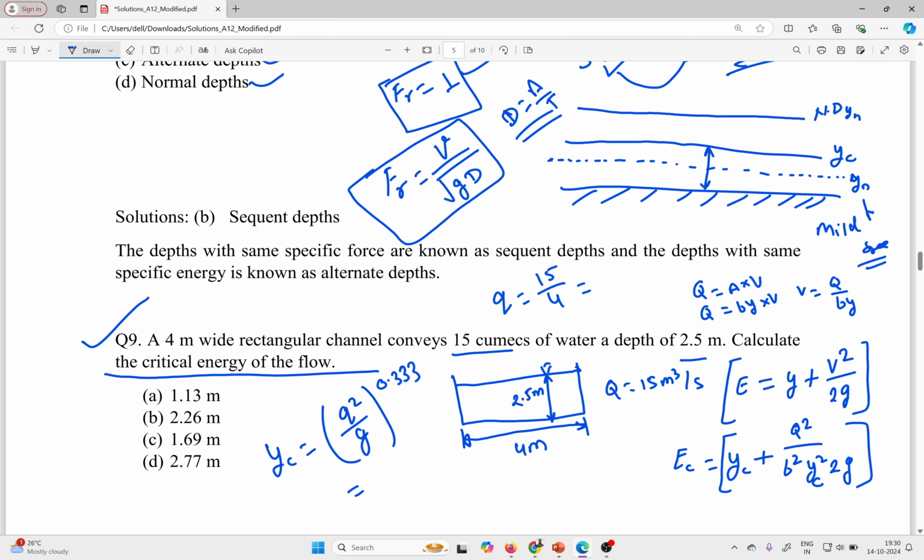Let me exactly calculate. 15 divided by 4 is 3.75. Square, divided by 9.81, power 0.33.